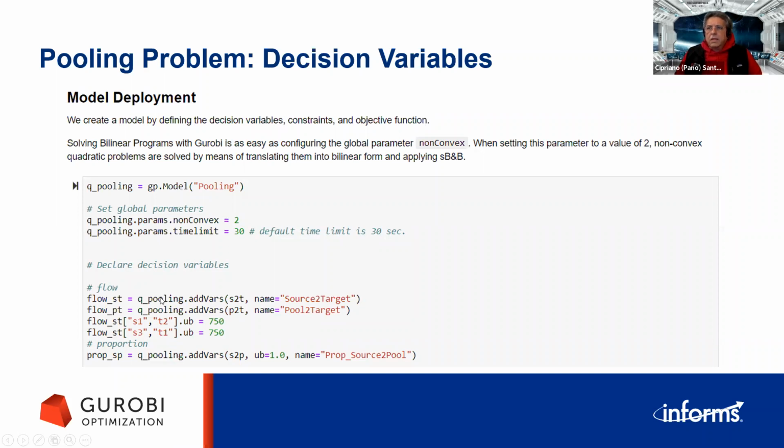And we are going to define the different types of flow variables. So flow ST. Basically, we use the index set from source nodes to target nodes, and not all of them have flows, so that's why we created that dictionary that I defined before. And then we define flow PT, and these are the cross products of pool nodes to target nodes.